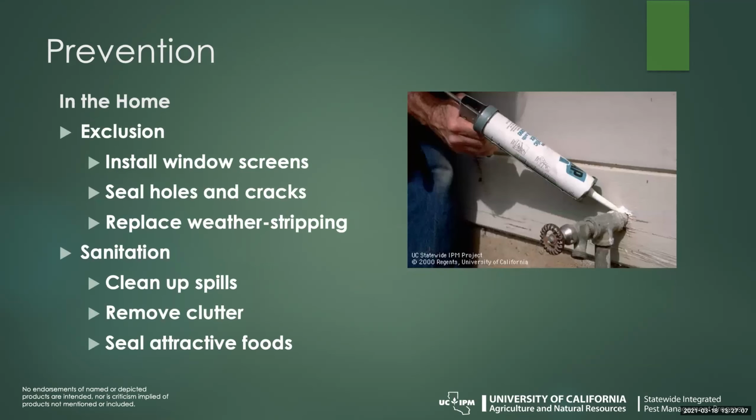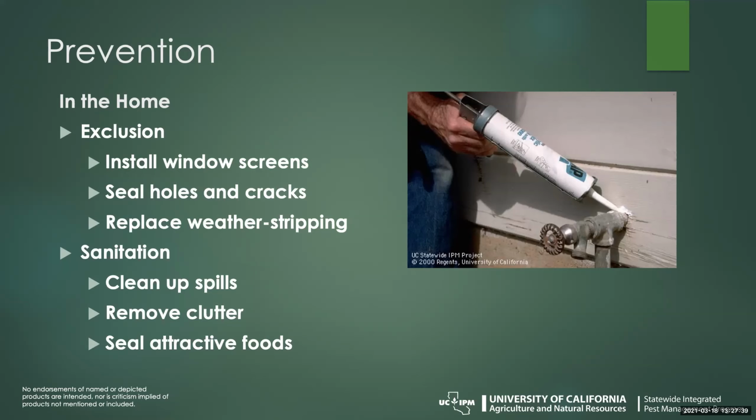So as I mentioned, prevention: what can we do in and around the home to prevent pests? Well, one of the best ways is to exclude the pests from coming indoors. So you can see by this photo that the gentleman is applying caulk to a small opening around a water spigot. Pests can use any kind of small entrance they can find to get in, and you'd be surprised at how some larger pests seem to be able to get into your home through some cracks.